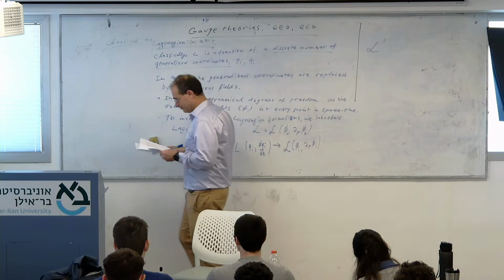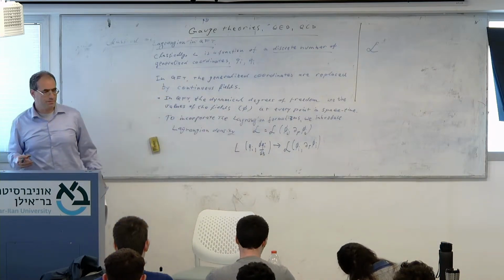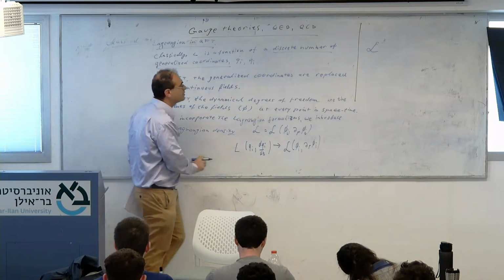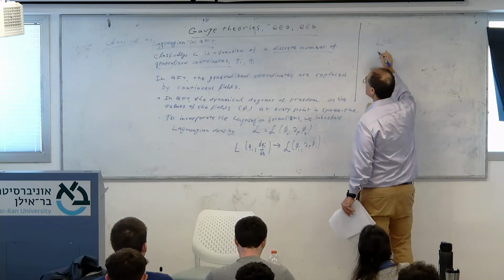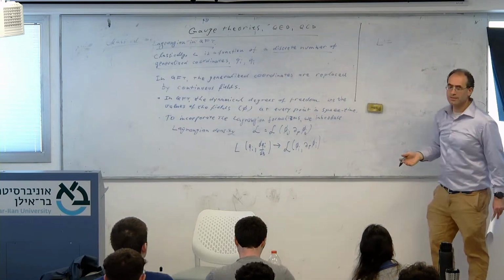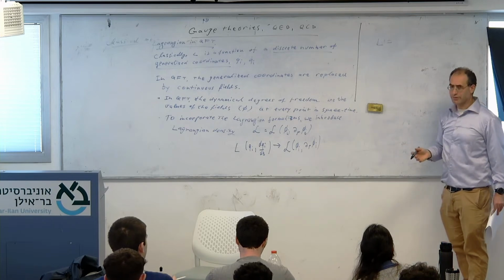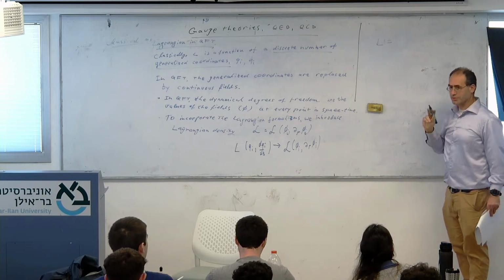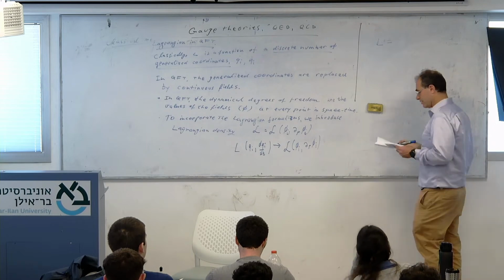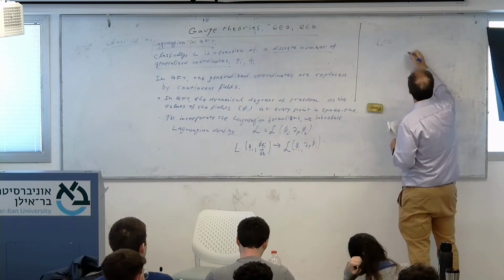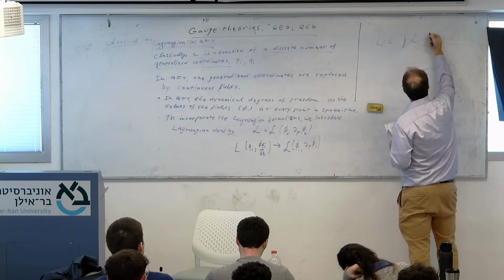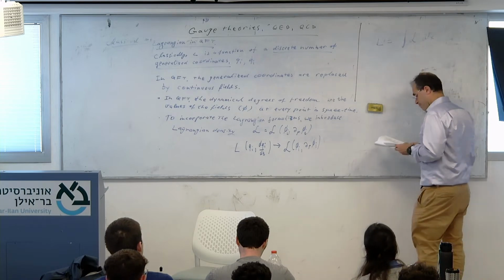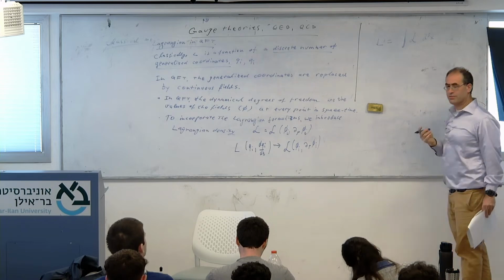What is the Lagrangian, not Lagrangian density? What's the relation between the Lagrangian and the Lagrangian density? The integral over the 3-space. So L is the integral of curly L d cube x. And the action?